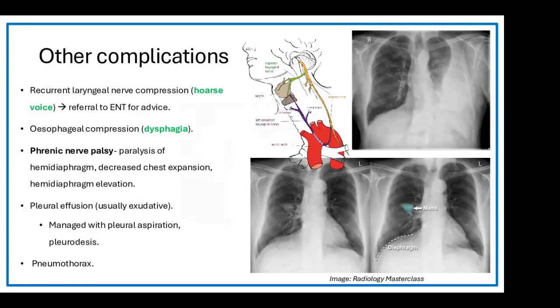Sometimes patients can present with pneumothorax as well. If the cancer starts becoming necrotic and going over the lung lining, then it can infiltrate into the pleura and cause pneumothorax.